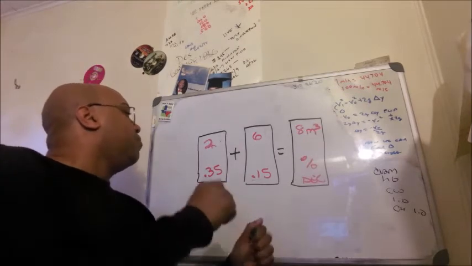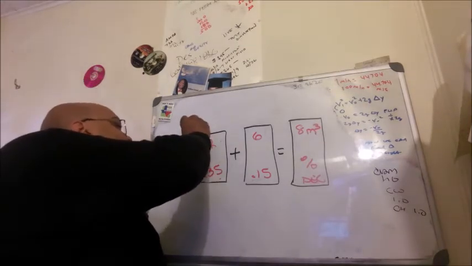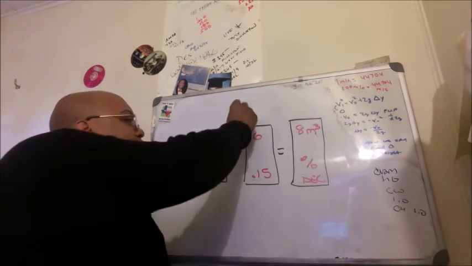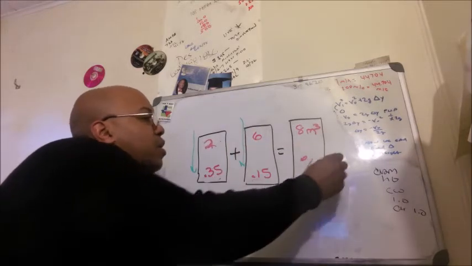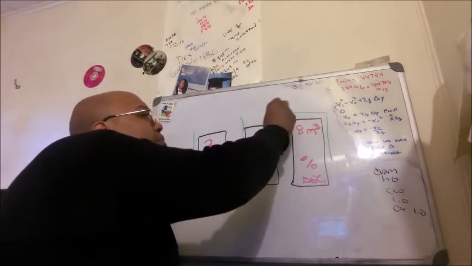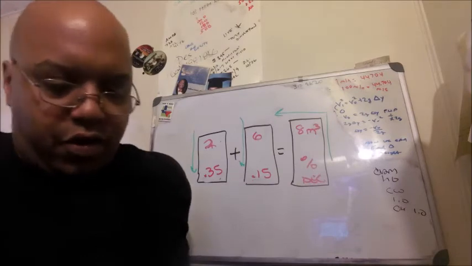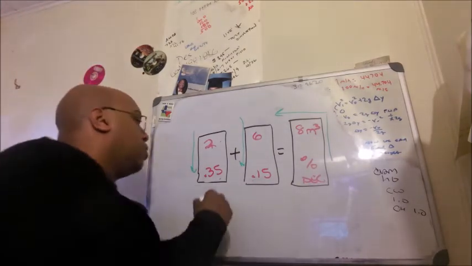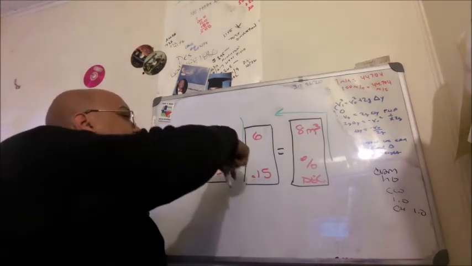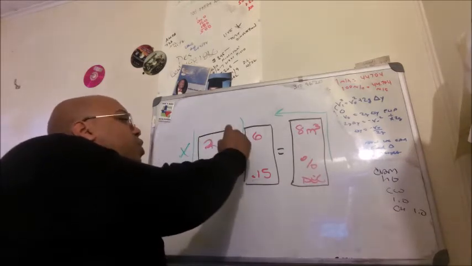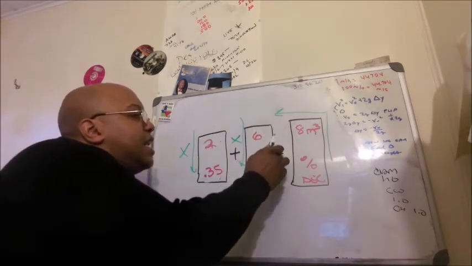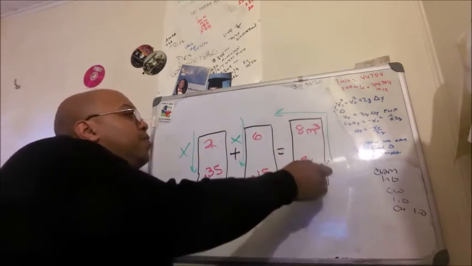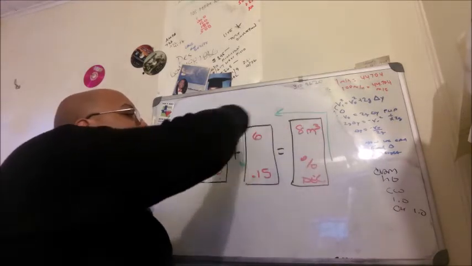Okay, so here's the movement. Down, down, up, and over. So container, container, there's going to be multiplication going on here, and it's going to equal the percentage and the sum.